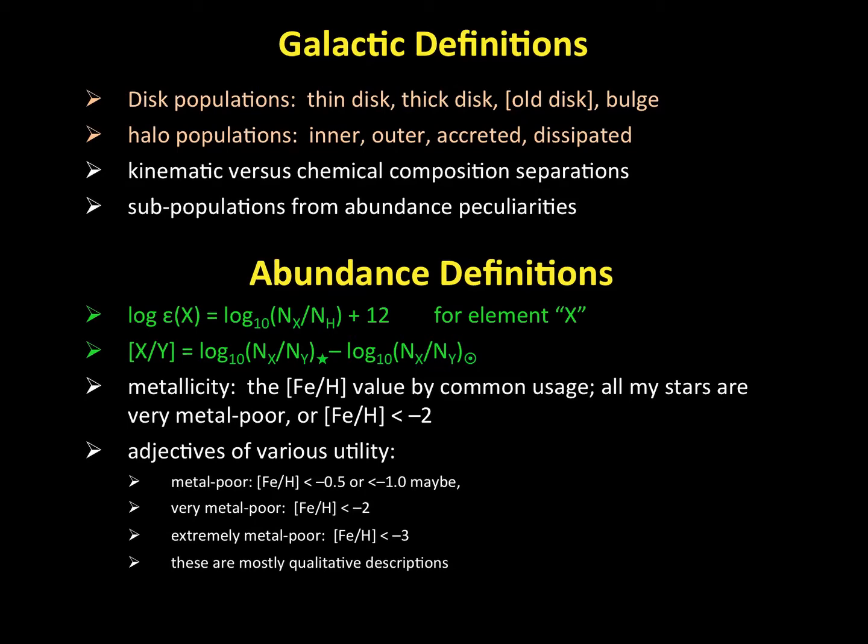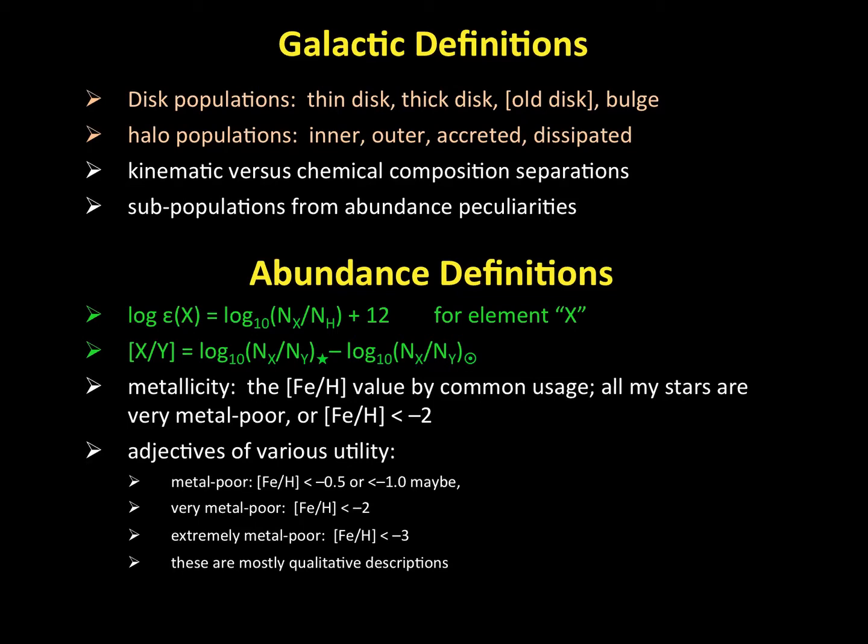It's a differential measurement: how different is an abundance ratio compared to the solar value? Less standard, but now becoming pretty normal, is log epsilon, which is more of an absolute number density. It refers to a particular mix in a particular star. That is, the base 10 log of element X's number density compared to hydrogen, plus 12. So this is on a hydrogen of 10 to the 12th scale.